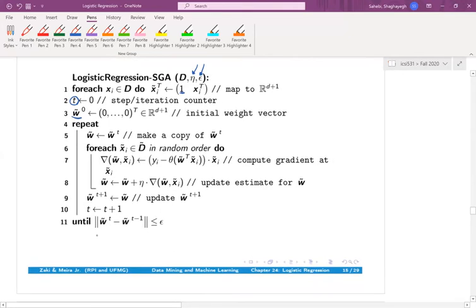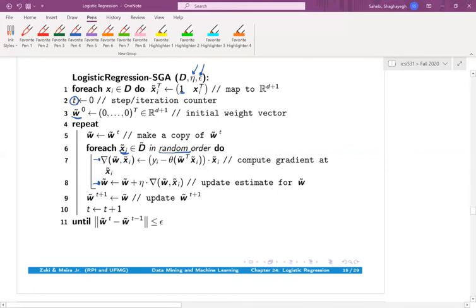In each iteration, we first copy the vector W of the previous iteration that we had, we keep it. And at random, we choose a data point xi. And then we calculate the gradient of our log likelihood with respect to W at that data point xi, and we update the W vector.